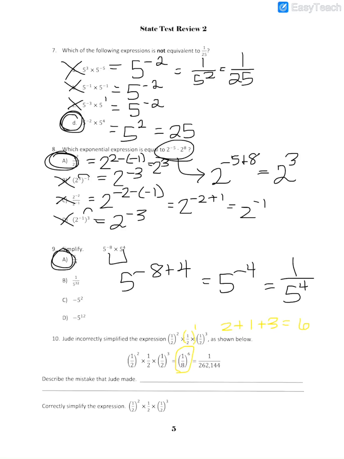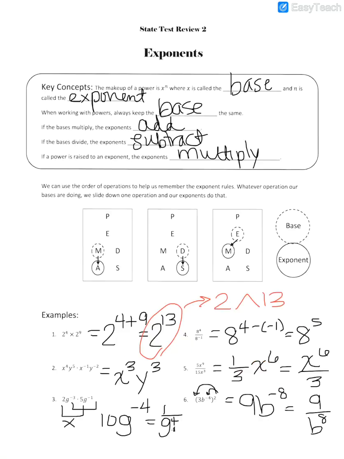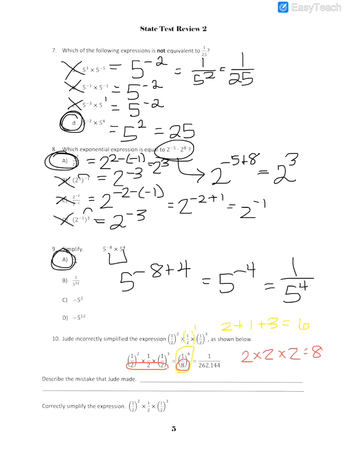And what I'm noticing is it looks like to get the 8 on the bottom, he multiplied 2 times 2 times 2. And if you remember from the front, when we do exponents, we are supposed to be keeping the base the same. So this actually should have been 1/2 to the 6th, not changing the 1/2 at all, okay?